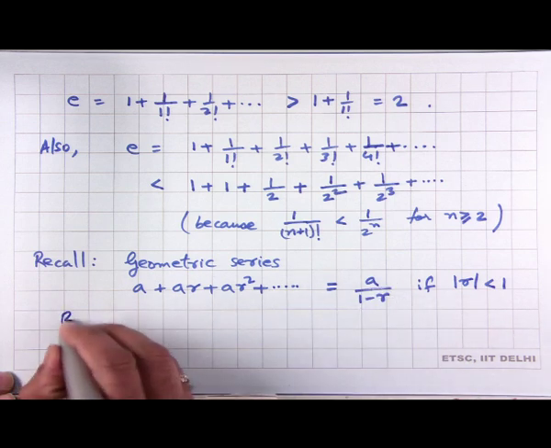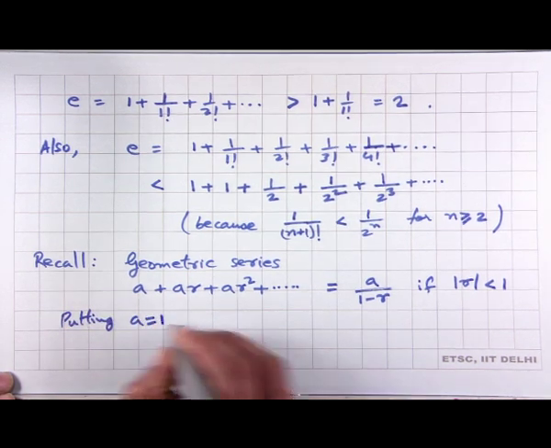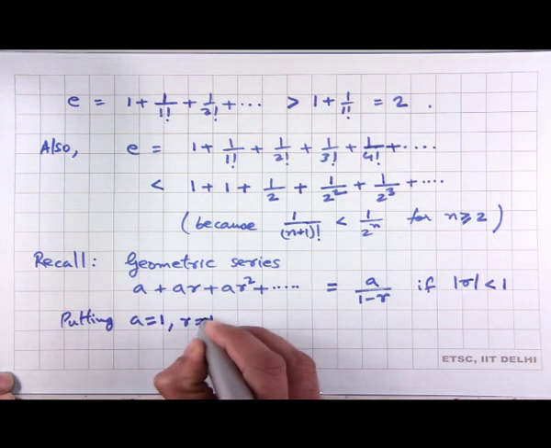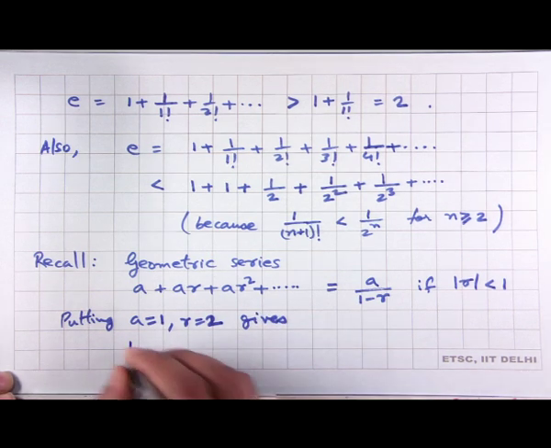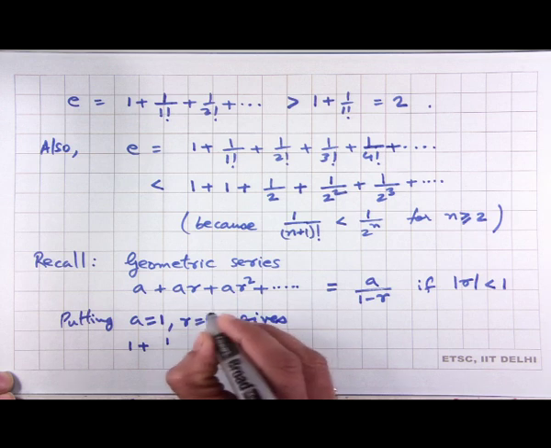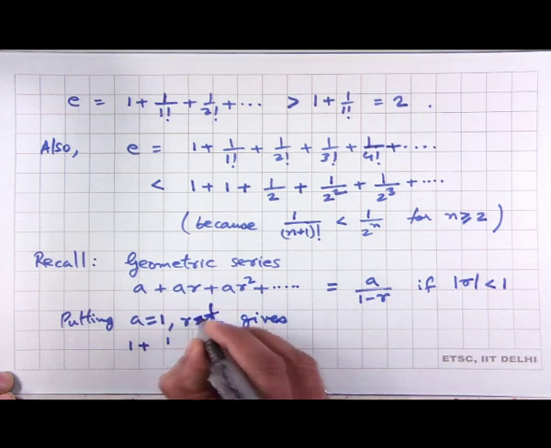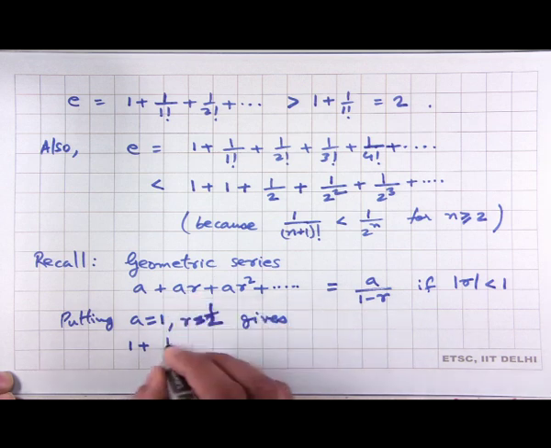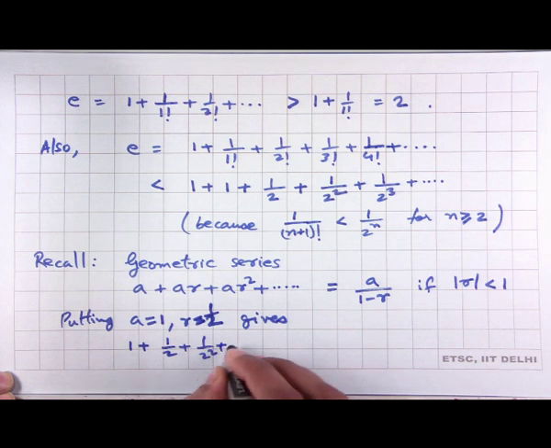So, putting A equal to 1 and R equal to 1 by 2 gives 1 plus 1 by 2 plus 1 by 2 square and so on.